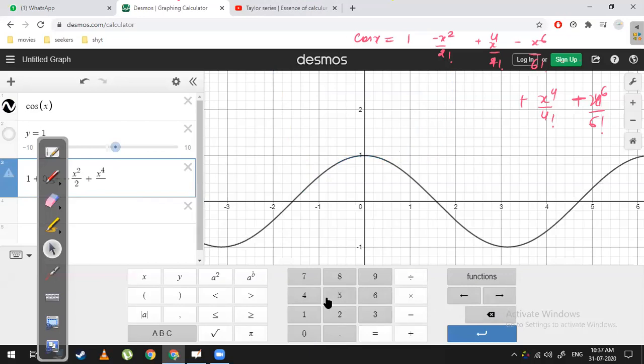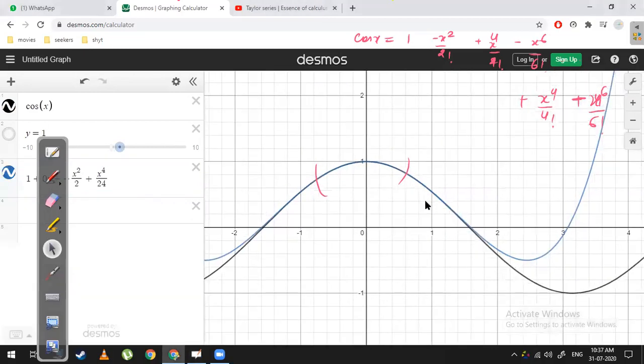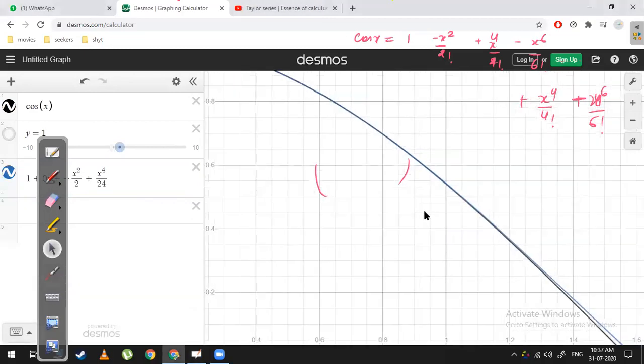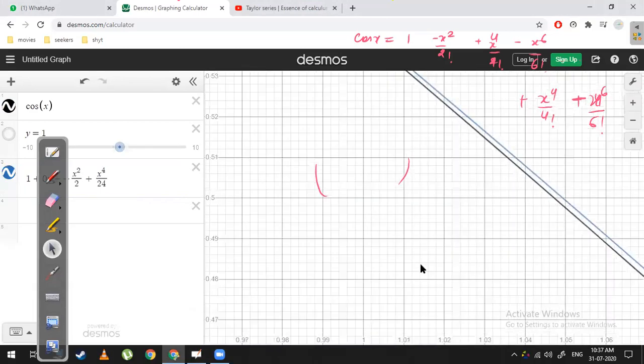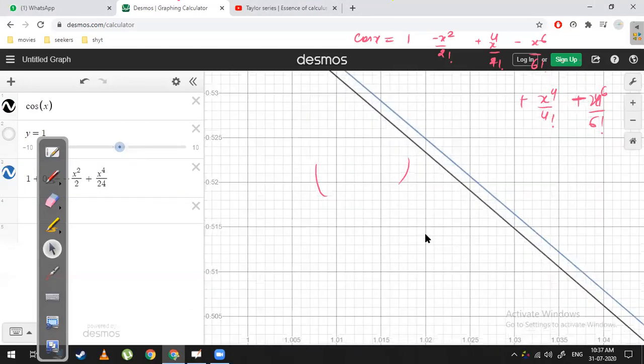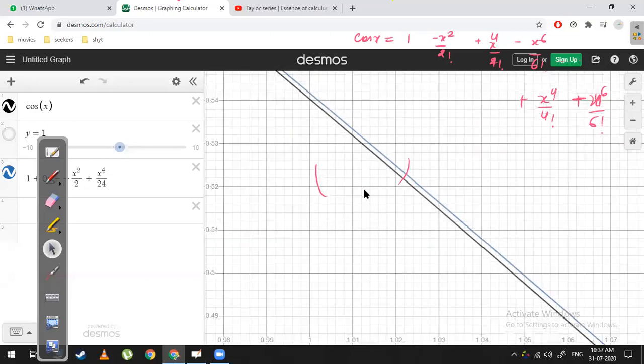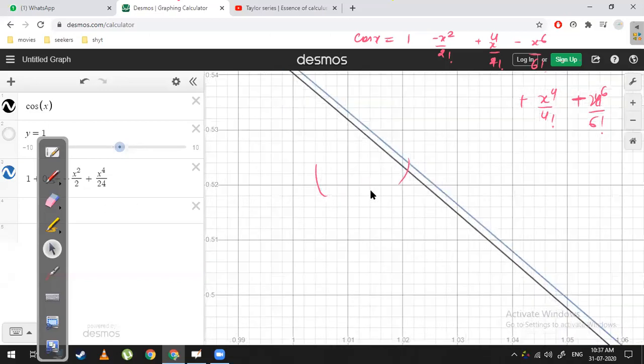Now if previously the curve was approximated only till this point, and we zoom in, there will be a little gap, but it will be a more perfect approximation. If I keep on zooming in, there will always be a gap. But when I keep on adding terms, at this zoom there is a gap in between.